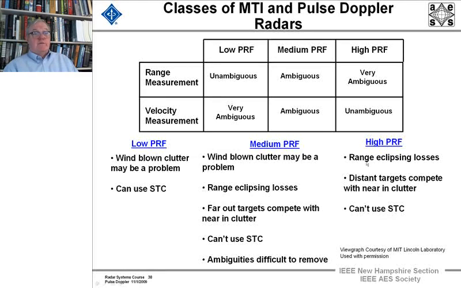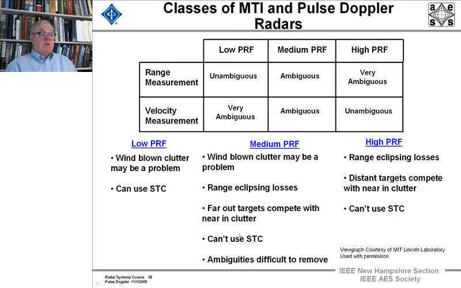And there we have an effect known as range eclipsing losses. That is to say, you can't receive information from an echo when the transmitter is turned on. And that can be a significant loss. And distant targets will compete with near-in clutter with high PRF radars. And again, you can't use sensitivity time control because of the ambiguity in range.